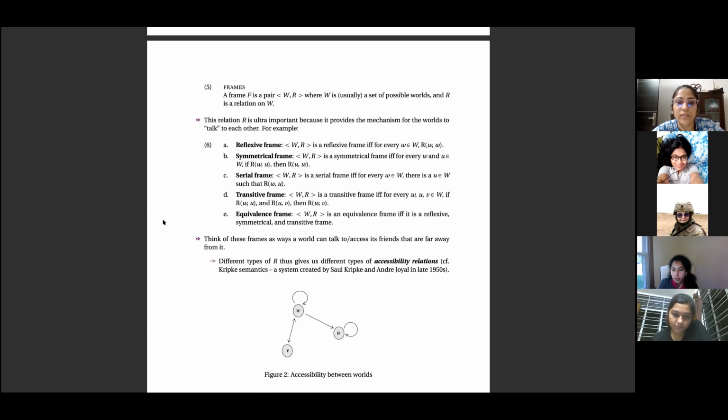So W is in a reflexive relationship with itself. So everyone can look at the chat, right? Where this R that I just wrote is reflexive. Same for U. So the reflexive relation also holds between U and U. Right.